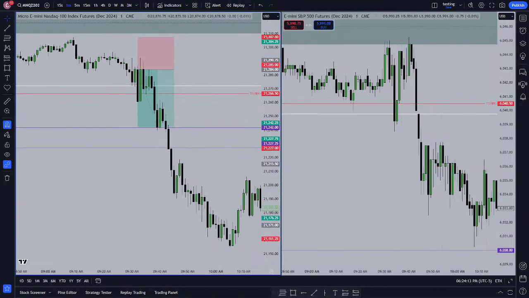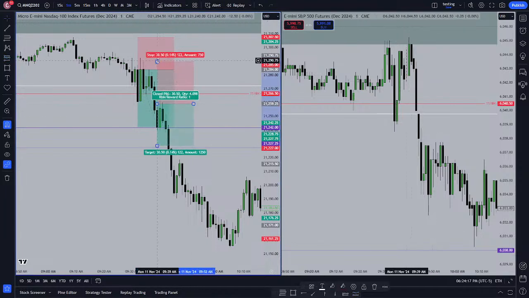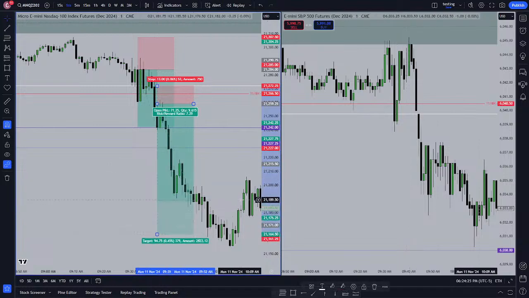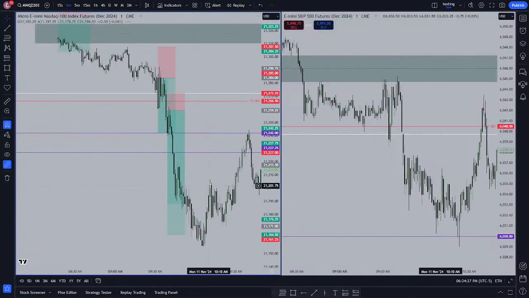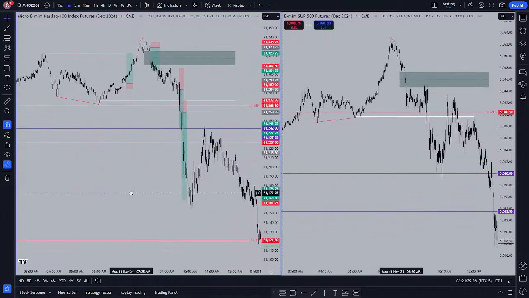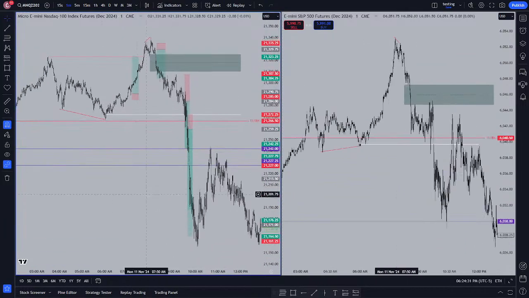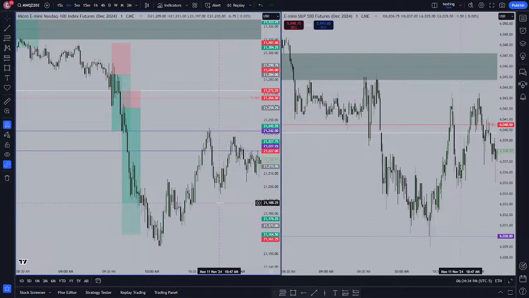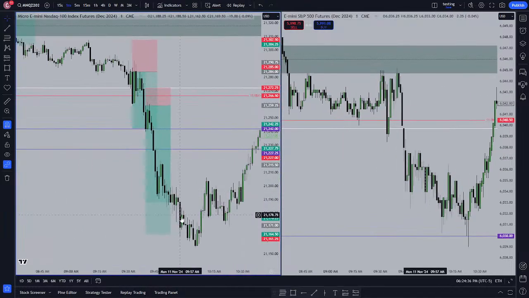And then let's say you get in again here with the stop right there. And you wait for ES to reach the gap.